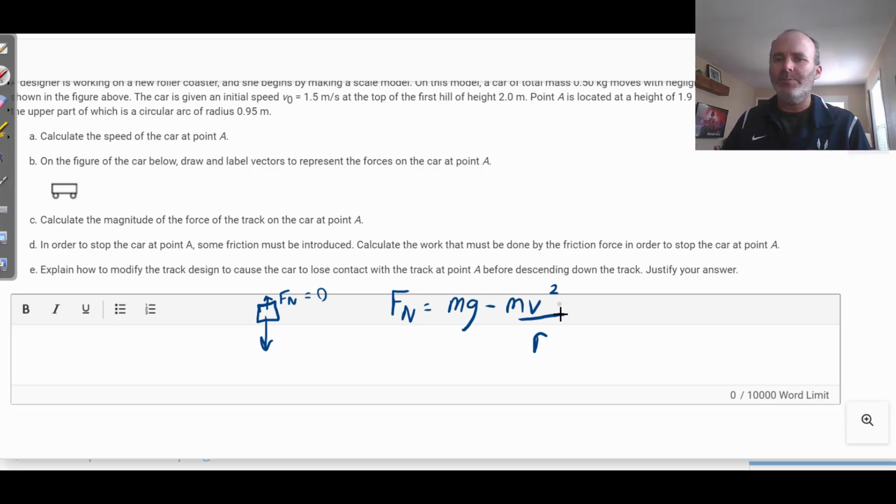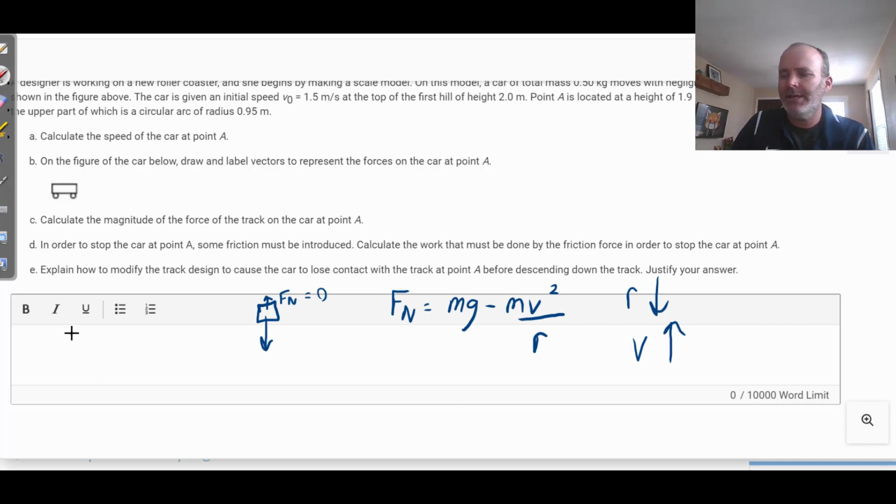So I want this to be big. What can I do to make this big? I can decrease r, because decreasing something in the denominator makes this bigger, or I could increase v. So that's my two things.